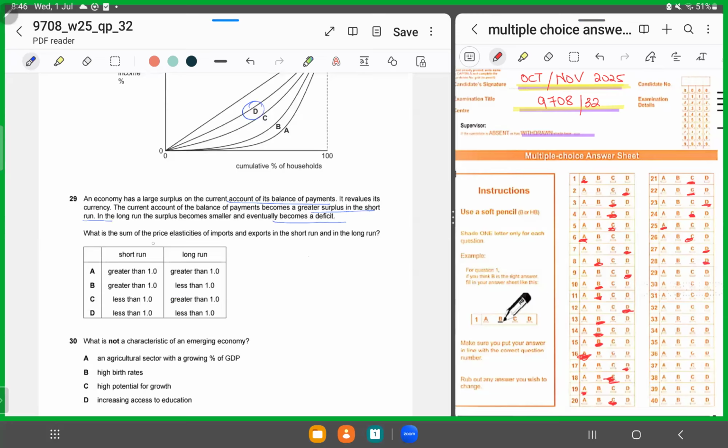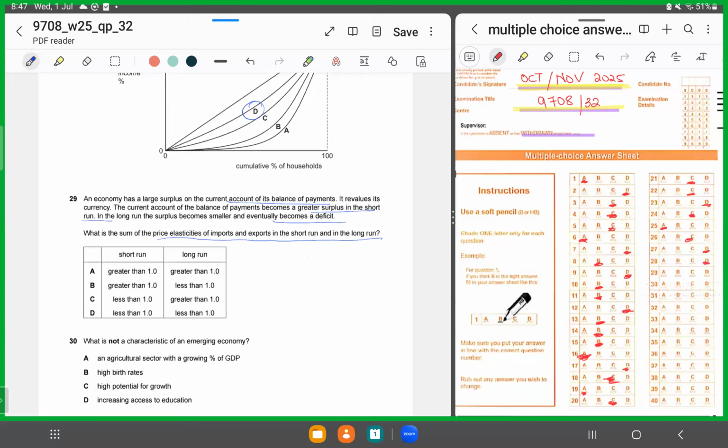So, what would be the sum of elasticities for imports and exports in the short run and the long run? Notice the revaluation made the currency stronger, and in the short run the size of the surplus expanded. So, what should the elasticities have been? It must have been inelastic. That is why, even though the currency got stronger and the exports got expensive, there was still an improvement in the surplus, right?